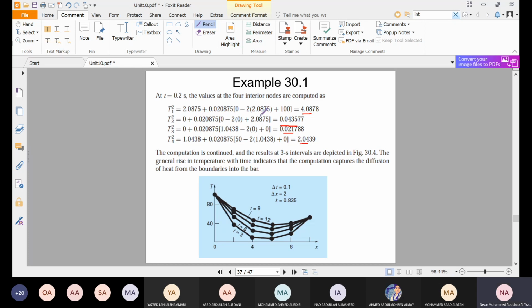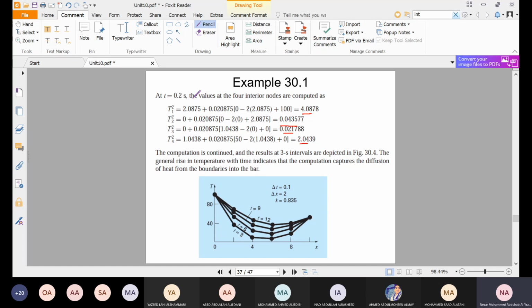So we update them, and we continue like this, time by time, until we get the error that we want, or we compute all the values of the nodes, how many nodes we want, one iteration, two iterations, until we reach how many times we started.